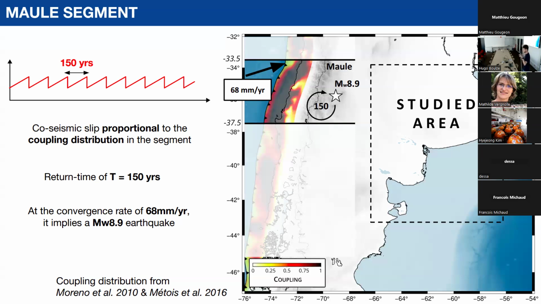Recently, you have the Kamchatka earthquake, but we have few stations. Even at the northern part of the Chilean subduction zone, it starts to be more difficult. So compared to other places, it's not easy to test this hypothesis elsewhere.